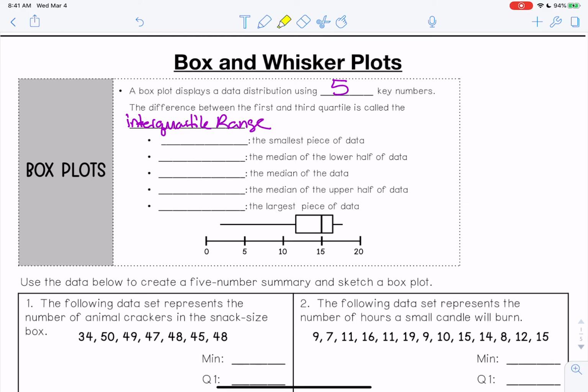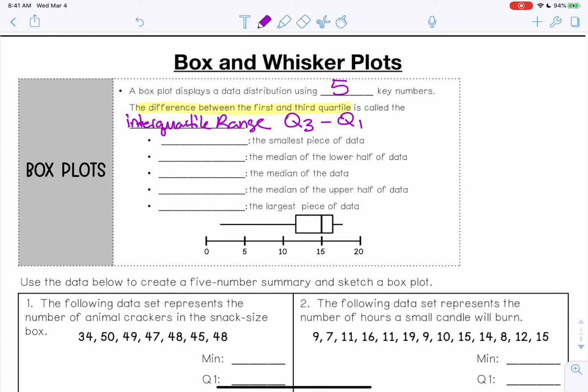And that's the difference between the first and the third. So we use Q3 and Q1 to represent the third and first quartile, right? Q3 would be the third quartile, Q1 would be the first quartile.